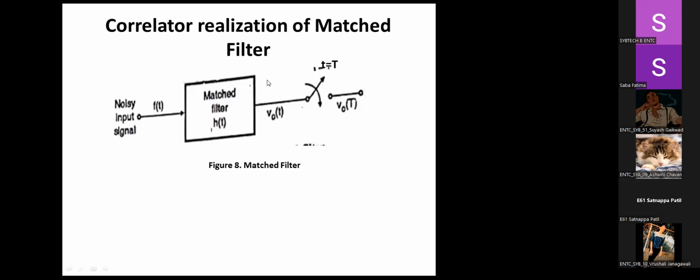But how it is equivalent, that we will see now. So here you are giving a noisy input signal to a matched filter, and it is filtering the information or calculating and then giving you a certain output voltage over a time interval of T equal to TB. Okay. Just one second. Yes.